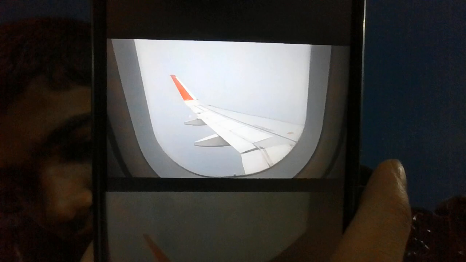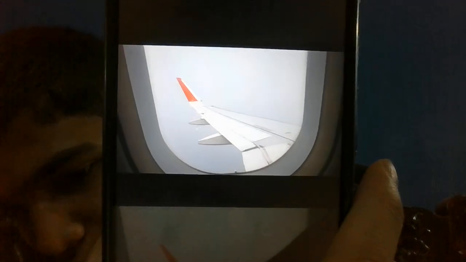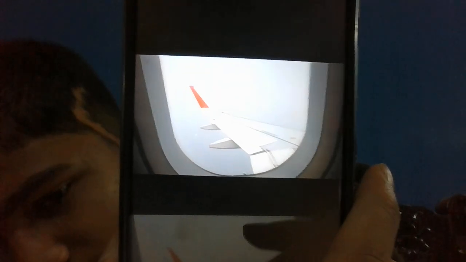So you may be wondering why I have even taken out my phone. Well, when I was doing my first flight vlog on an Air India Express flight from Bengaluru to Visakhapatnam, I got one of my first photographs at 39,000 feet in the air. Okay, you can see here, the small hole is this one dot you can see.